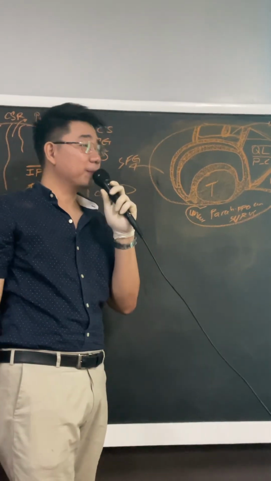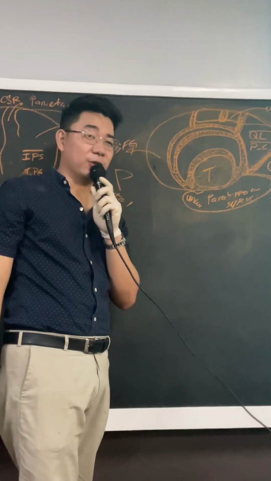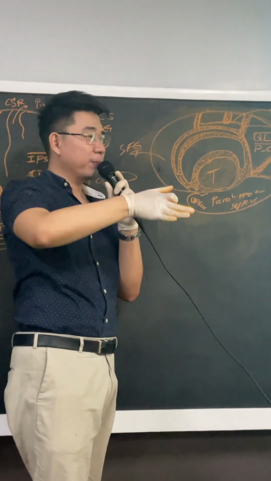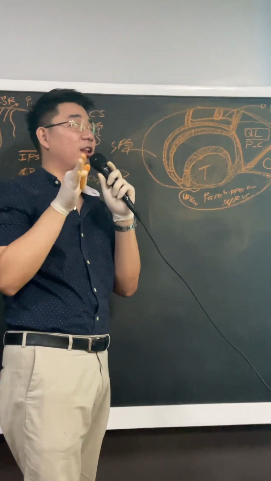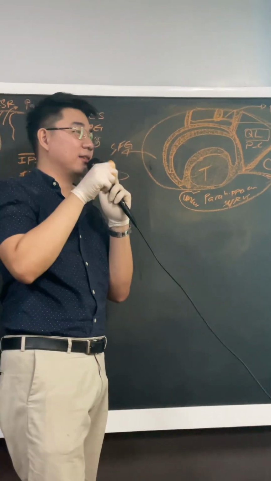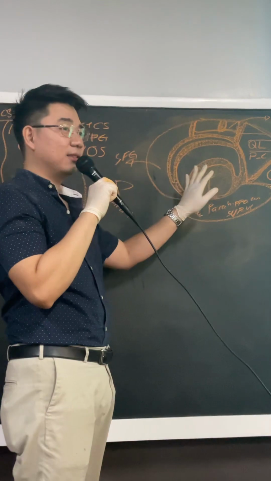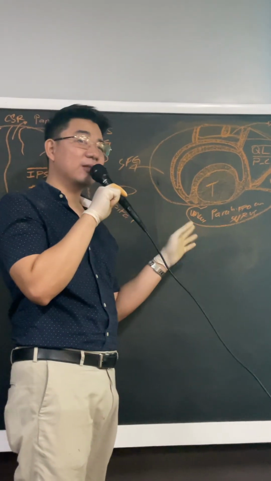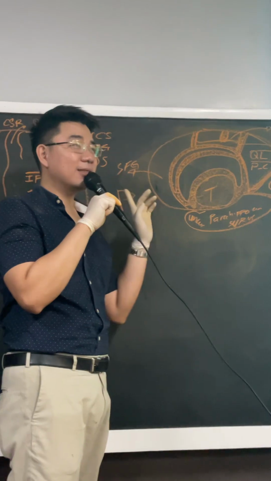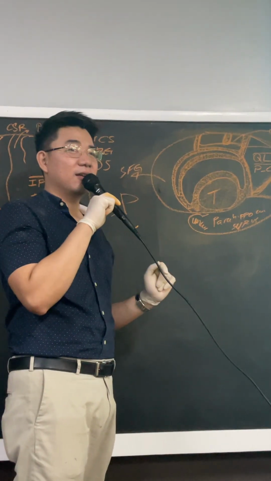That is called the septum pellucidum. The septum pellucidum is like a wall, because inside that there's a space, and that space contains your CSF, or cerebrospinal fluid. What is that space called? Subarachnoid space? Subarachnoid?